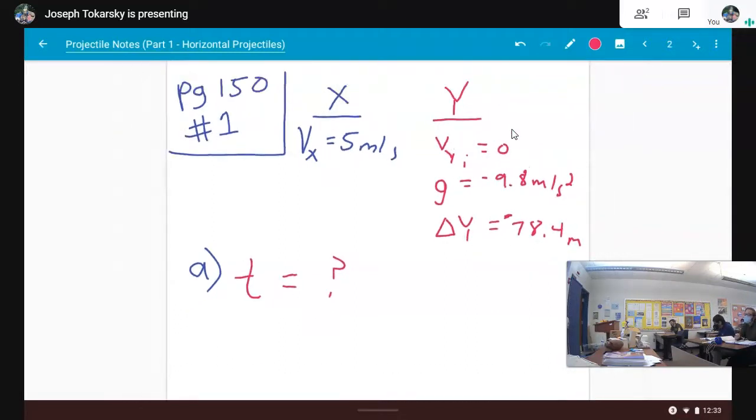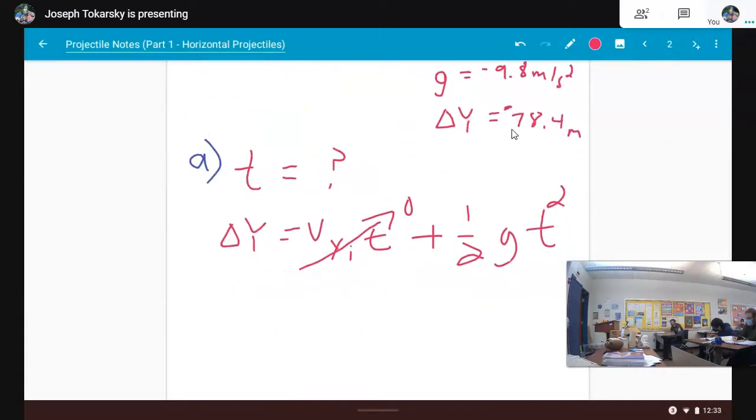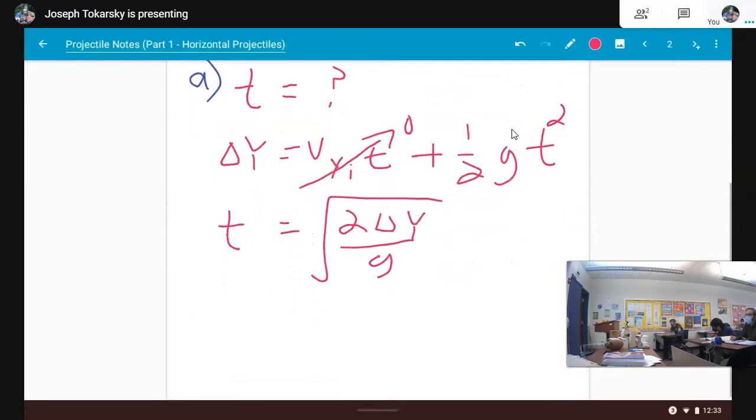So if we go to kinematic equation 2, delta y equals vy initial t, with vy initial 0, so that whole term's gone, plus 1/2 gt squared. If we solve that for t, we multiply each side by 2, divide by g, and take the square root. Plug in our numbers.